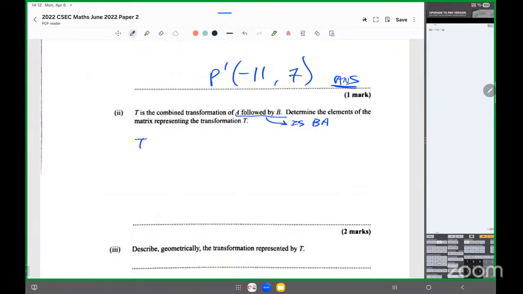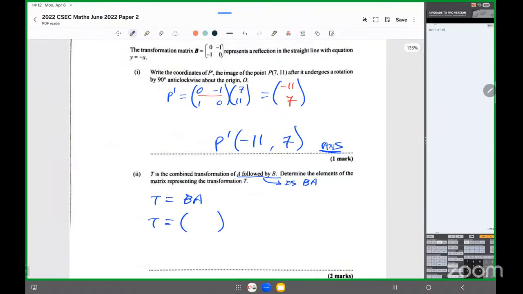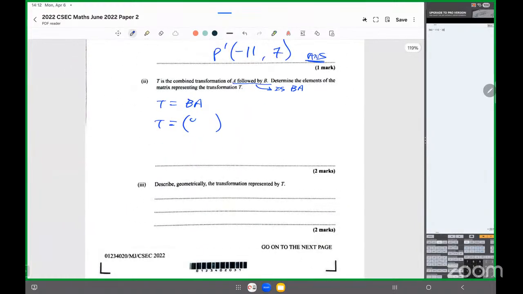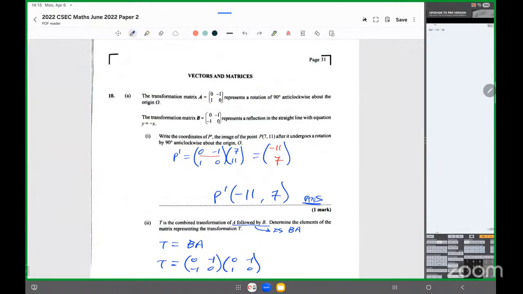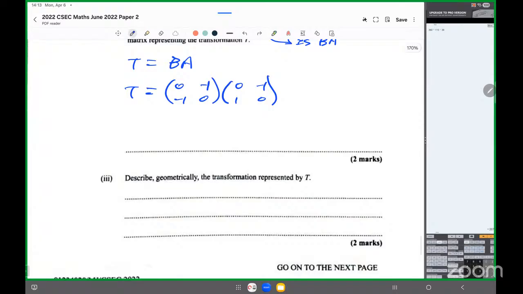So really T is equal to BA. So T equals the B matrix, which was 0, minus 1, minus 1, 0, times the A matrix with 0, minus 1, 1, 0. Multiply the second one by the first one. So just multiply these two matrices now.